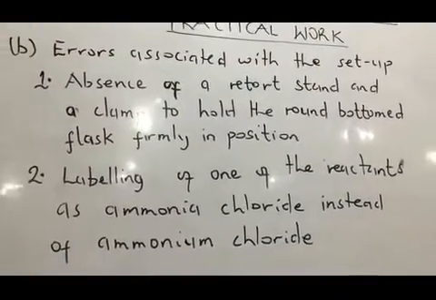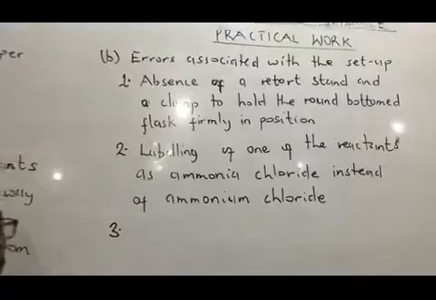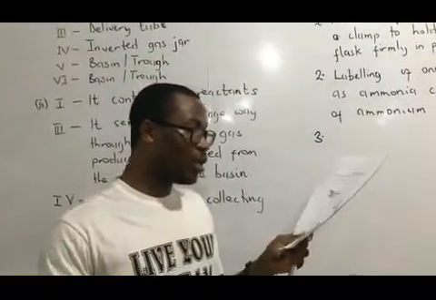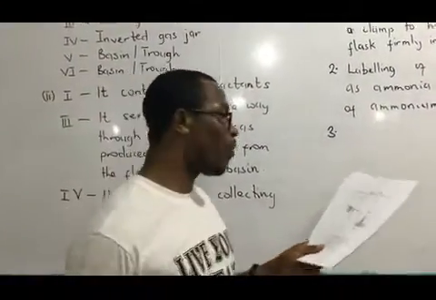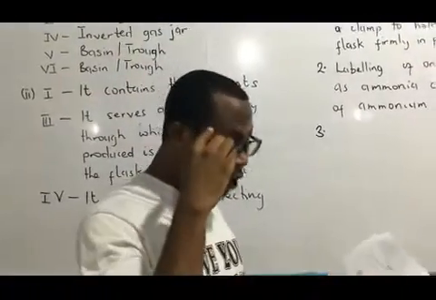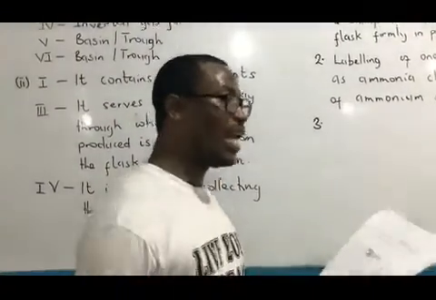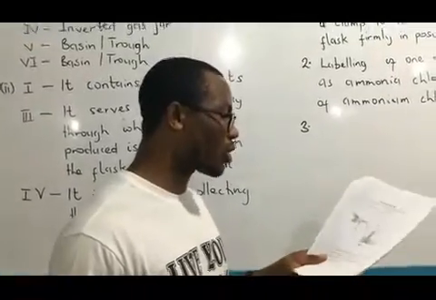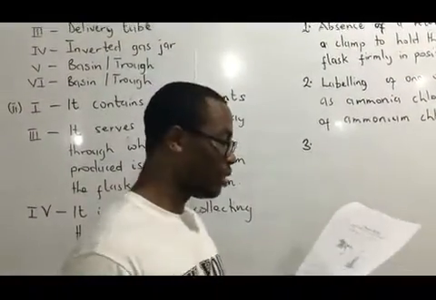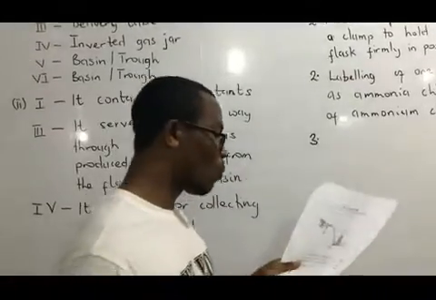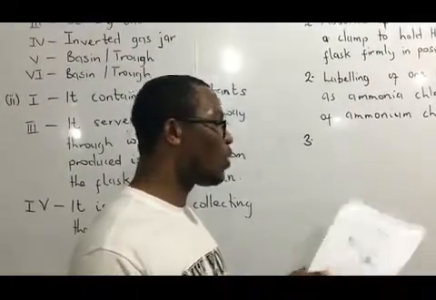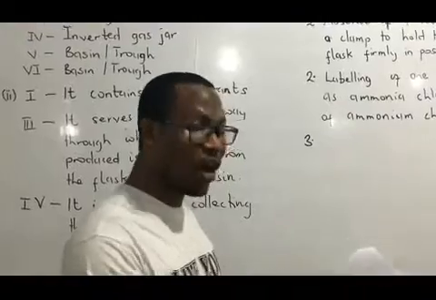Okay, then if you look at the PDF I gave you under preparation of gases, the setup for preparation of ammonia gas involves a drying agent, that's the calcium oxide. But in this setup, there is no drying agent. And then also, the collection of the ammonia gas is not over water.